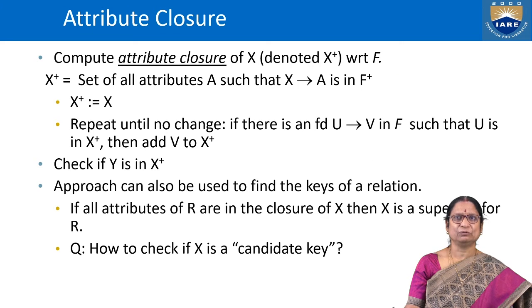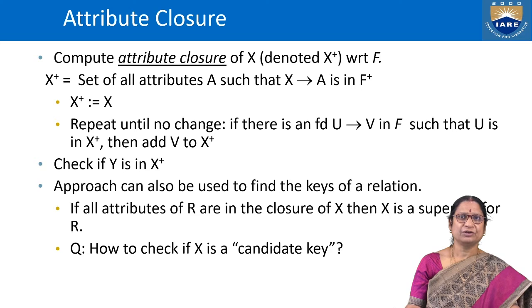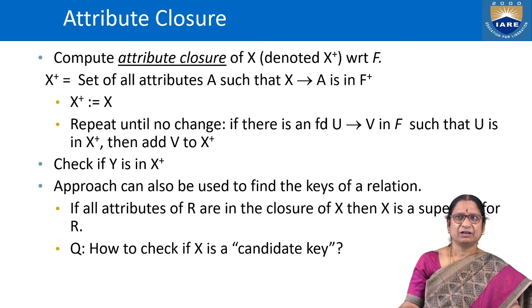Just now I explained this to you. So how do we compute the attribute closure, denoted by X plus, with reference to F? X plus is the attribute closure of X, the set of all attributes A such that X determines A in F plus. So X plus is equal to X initially.